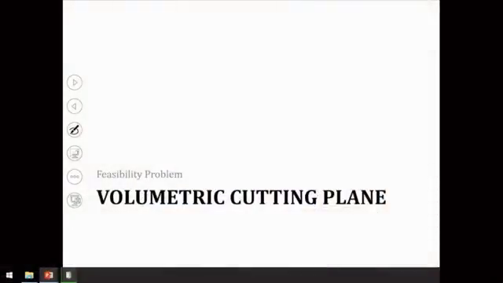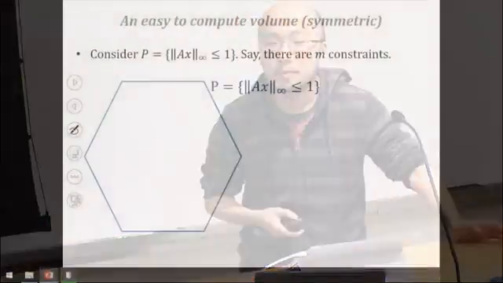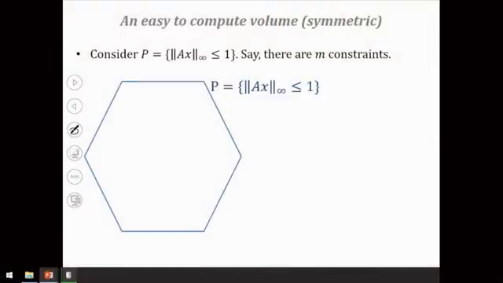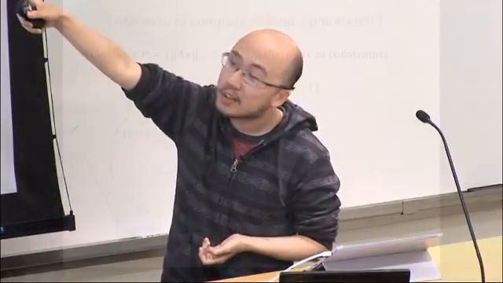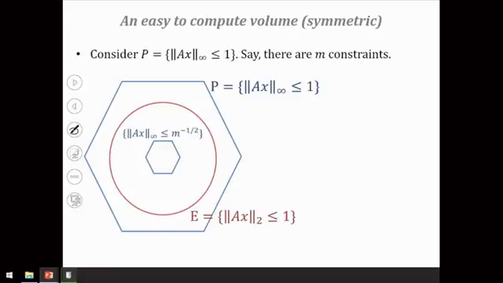So to motivate the method, let us focus on symmetric polytopes. Imagine you have a symmetric polytope like this one, |Ax| is at most 1, and we want to estimate the volume of this one. How can we do this? One of the methods is you replace the L infinity norm by the L2 norm.